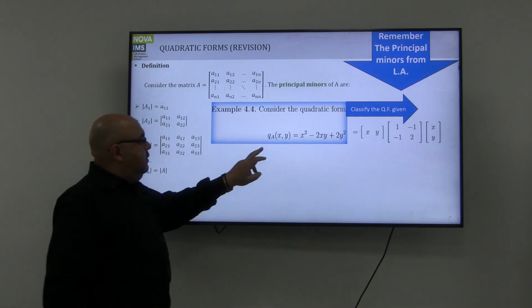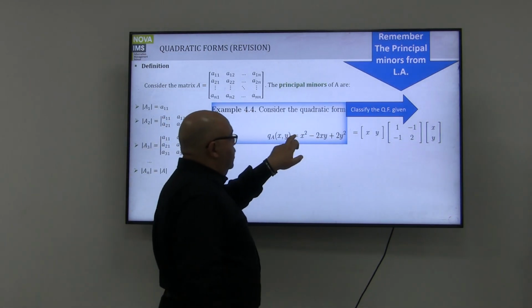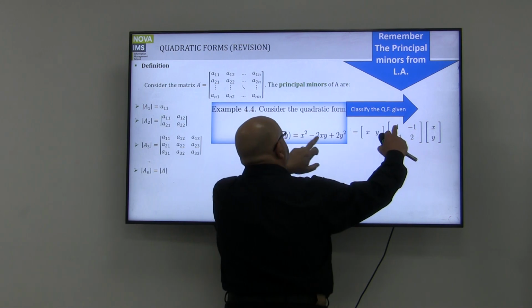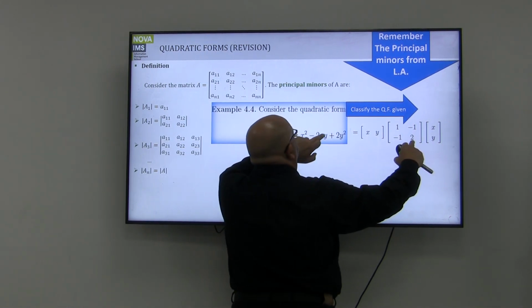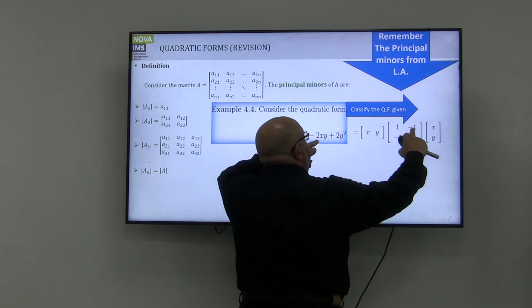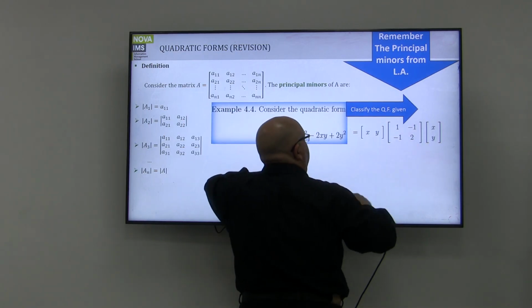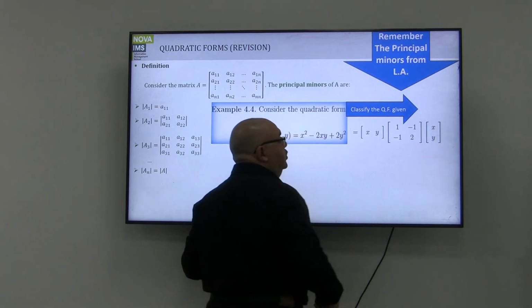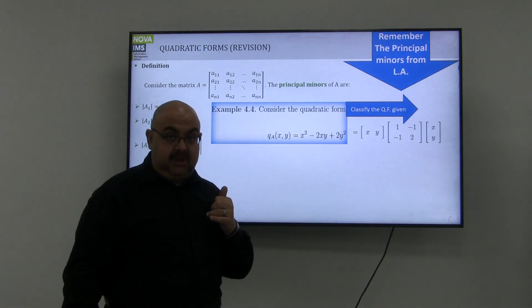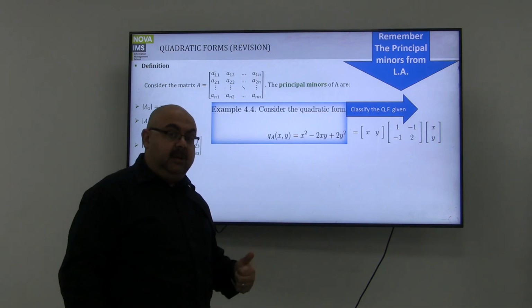The matrix is going to be, as I told you, 1 on the principal diagonal, 2 on the element 2, 2, and then negative 2, I will divide it in half in xy and the other half in yx. I will take this matrix and try to determine the determinants of the leading principal minors.